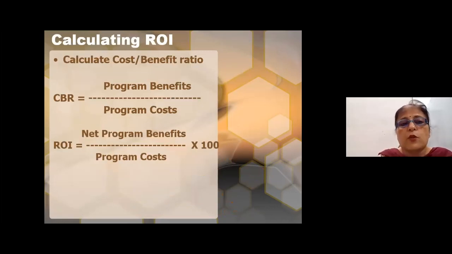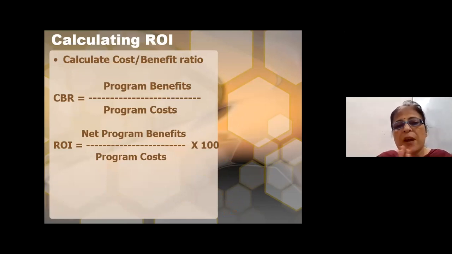Then the last step is to calculate the ROI, and the calculation formula is very simple. First is the cost-based return: program benefits and program costs. Then return on investment is actually the net program benefits over program costs.